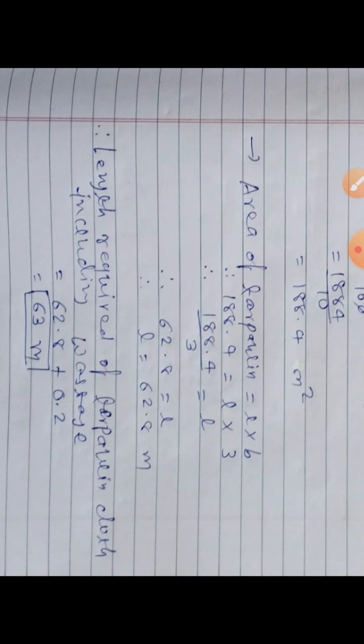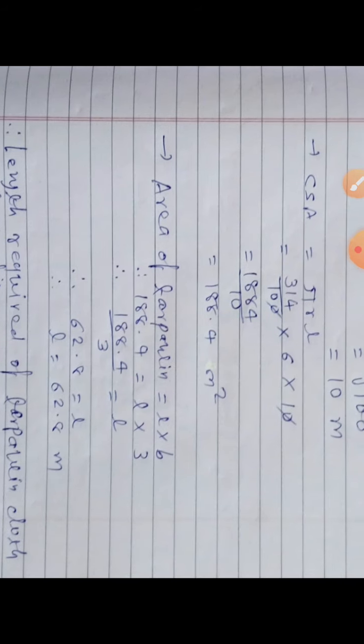Why? We have to purchase some extra for wastage also. Cloth is never used fully, so some wastage we have to consider beforehand. So 20 centimeter is added, means 0.20 or 0.2, both are equal. So 0.2 meter is being added there. So the final length of that tarpaulin cloth becomes 63 meter.